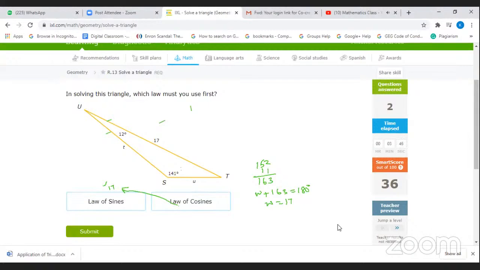So we can see that it's still similar to what we have been doing. It's still the same. So which one do you think we can apply?